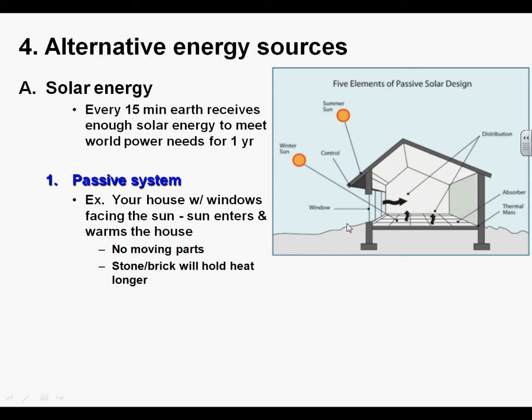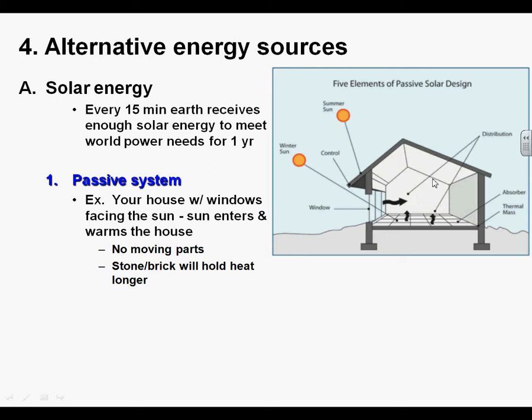Now, you have to have material in front of the windows. So in my house, I have tile floors and wood in front of all of the windows. The reason why I do that is they are going to hold the heat in the room. It's amazing how it helps reduce the impact of the cold weather, but also reduces our bills because I don't have to heat up the house as much.